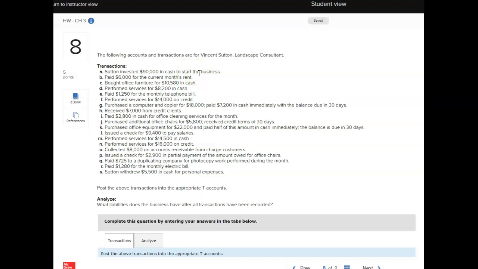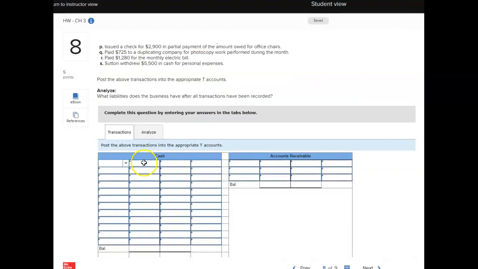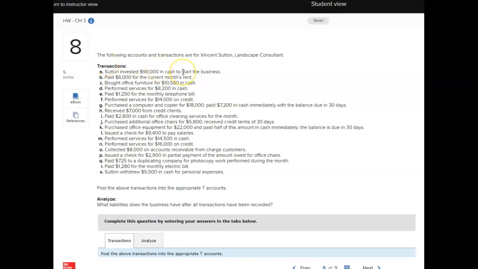Let's complete the analysis of the cash account. Cash is an asset with a normal debit balance. The company received cash, so we need to increase the cash balance with a debit, and the amount is $90,000.